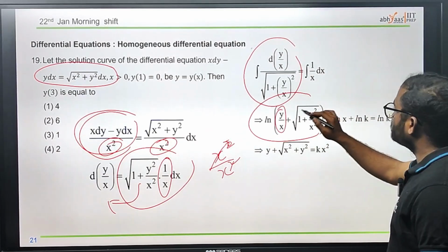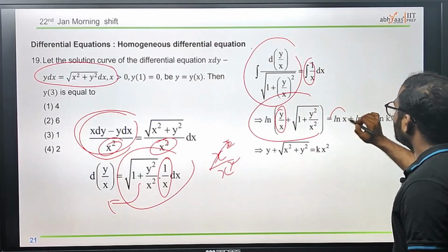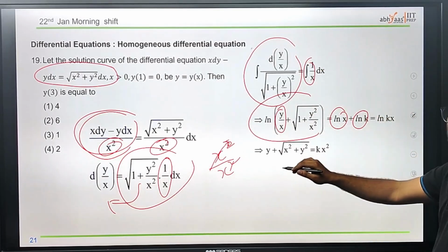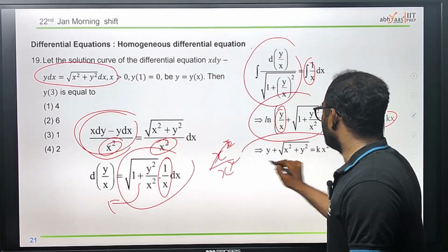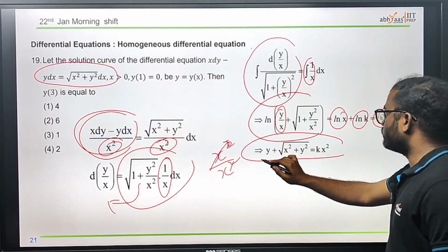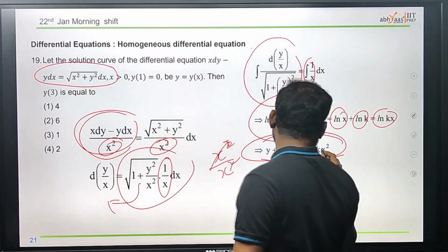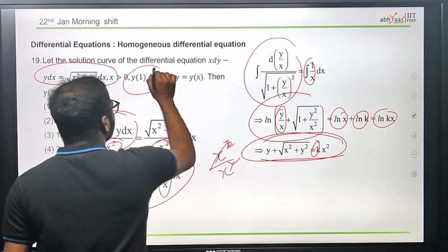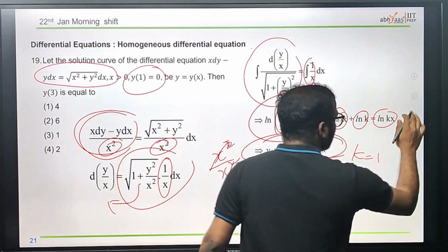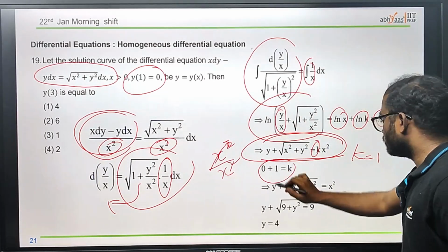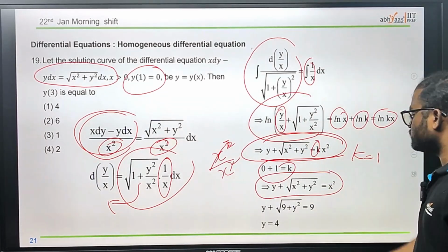Now we got this side, and this one is log x and log k. Since we have log terms, we can take it as log kx and take it out of the log form. Now we need to find the k value. If we substitute y1 equal to 0, we get k equal to 1. Now we got the solution of the differential equation.